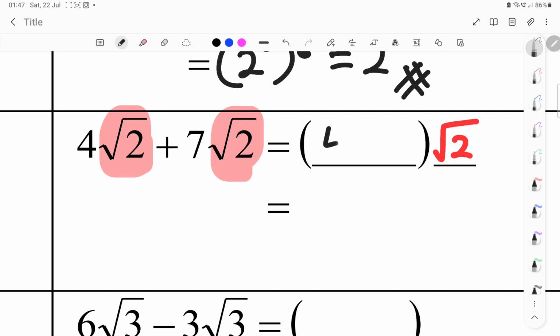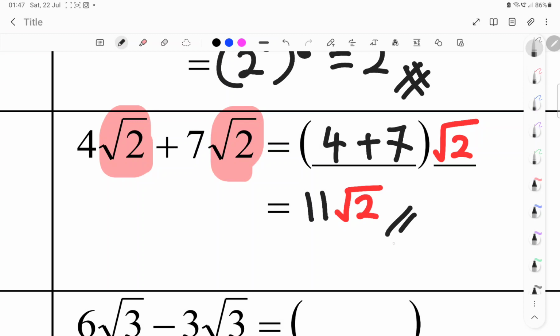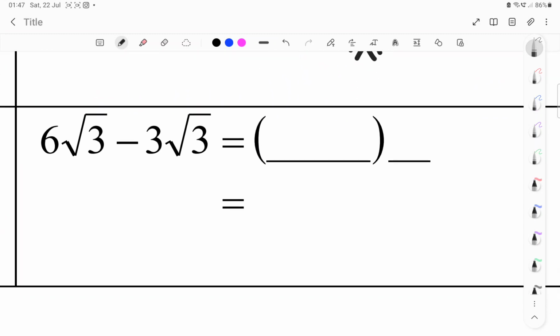So we can combine them. 4 plus 7. Now, what is 4 plus 7? It's 11. 11 of what? 11 square root of 2. So this is the next rule of surd.